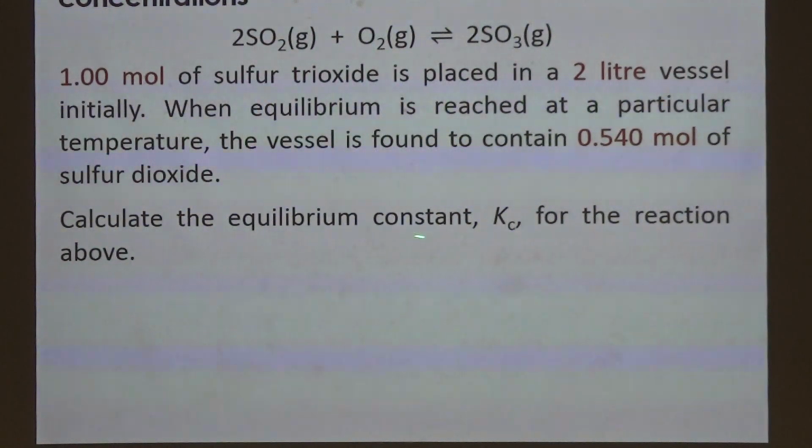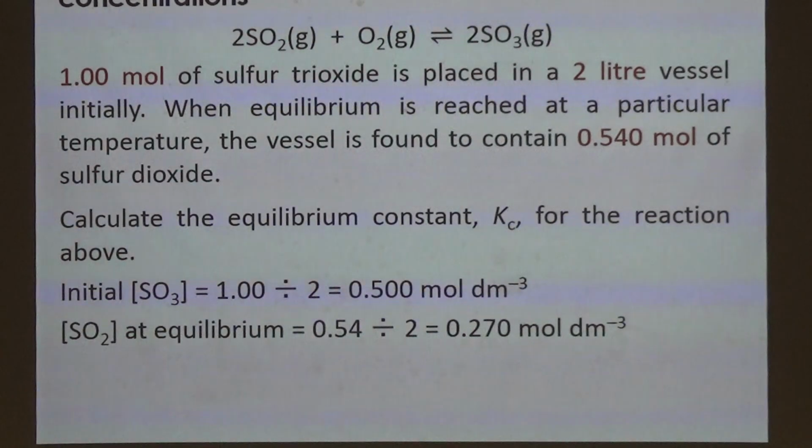Calculate the constant Kc for the reaction above. So the initial concentration of SO3 must be 1 divided by 2, 0.500 mole per dm cube. What is the equilibrium concentration of SO2? 0.54 divided by 2, 0.270 mole per dm cube. So this is the equilibrium concentration.